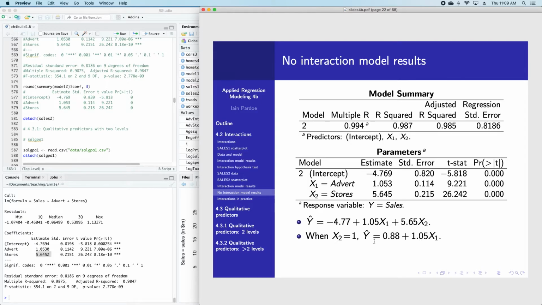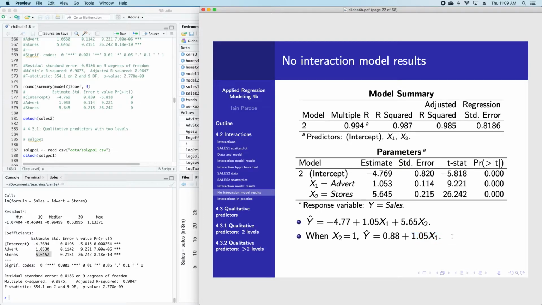So for example, when x2 equals 1, what would happen here? Well, I'd plug in 1 here, so I'd get 5.65 times 1, so that's just 5.65. And if I combine 5.65 with the minus 4.77, I get 0.88. And then the 1.05x1, there's no simplification that I can do there.